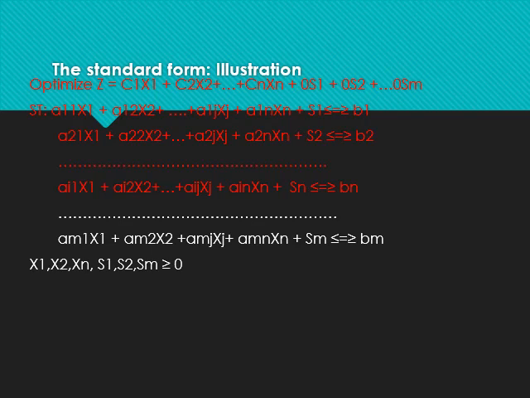So A11, as we mentioned before, let us emphasize, is the cost of producing 1 unit of x1. A12 is the cost of producing 1 unit of x2 where?